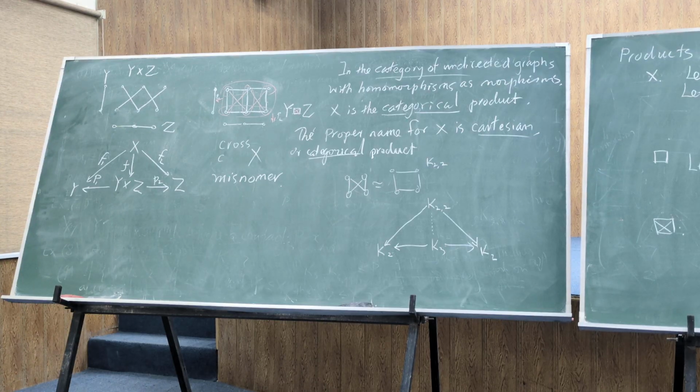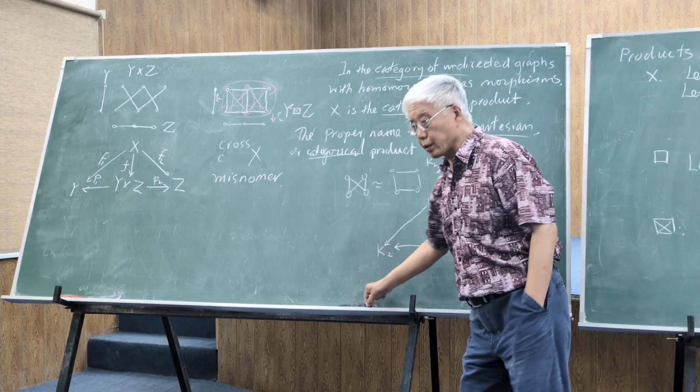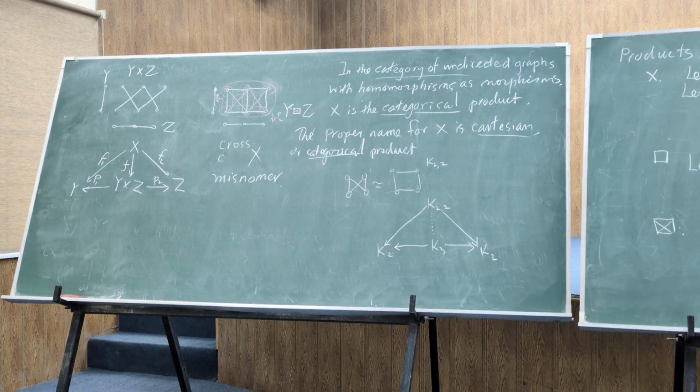There must be other graph examples as well, in its natural category of undirected graphs with contraction morphisms.